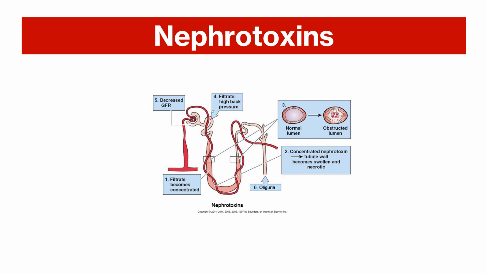For example, if someone is taking a blood pressure medication and they're not managing their blood pressure, but they're continuing to take the medication, they could be causing too much vasodilation, or if they have high blood pressure and are taking medications to increase the blood pressure, it could be causing vasoconstriction, which is decreasing the blood flow to the kidneys, and this can cause damage.